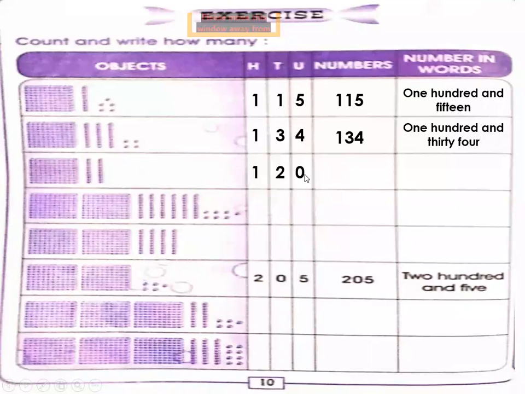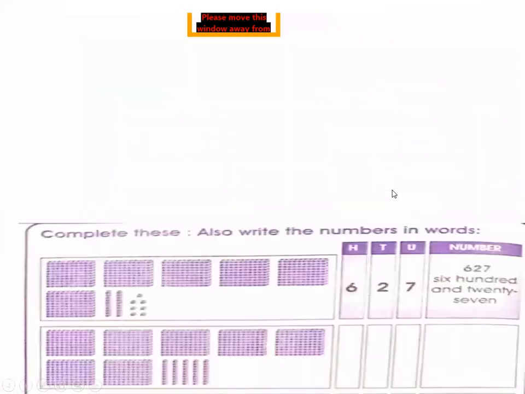So 100, 2 tens, 0 units makes the number 120. We also write this number like this. Remaining part you will do by yourself. This is your homework.